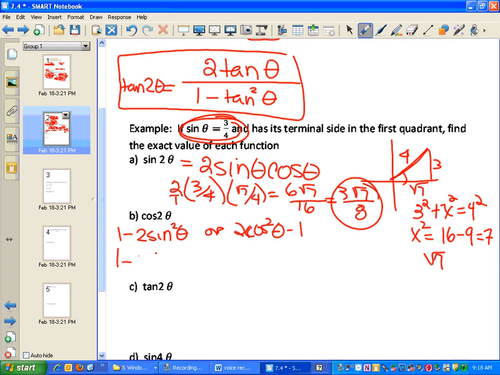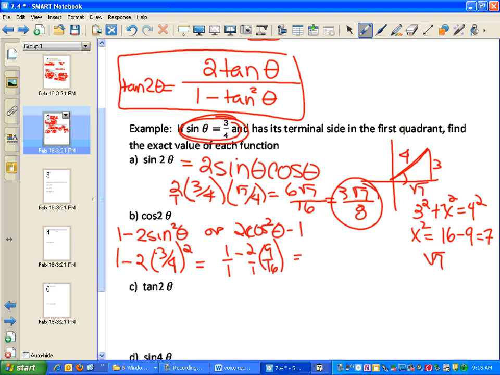So 1 minus 2 times what's my sine of? So what am I going to do with this 3/4? Because I'm going to square it, right? I got to square it. So I'm going to say that's 1/1 minus 2/1 times 9/16. Yes? I'm just doing some basic math here. Are you following this?